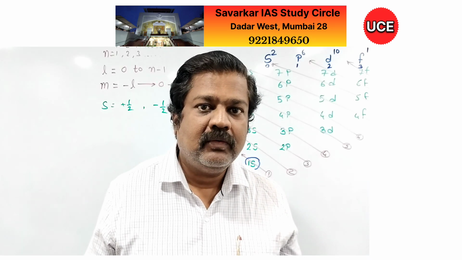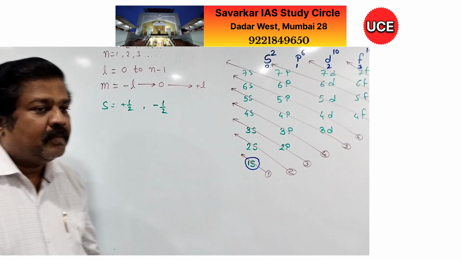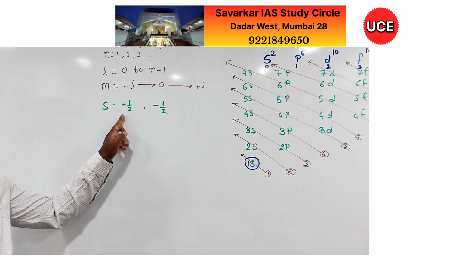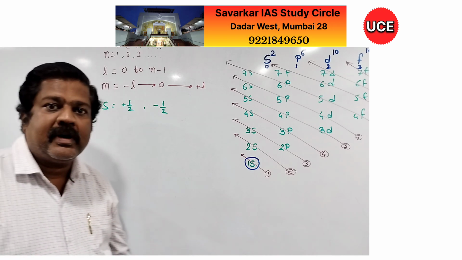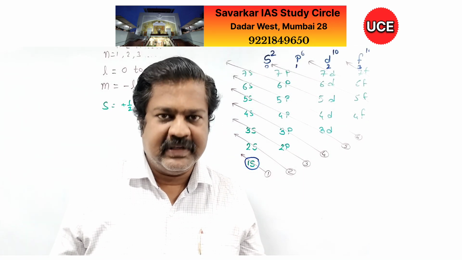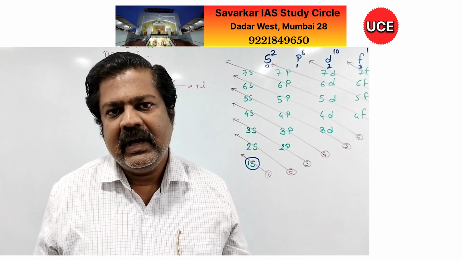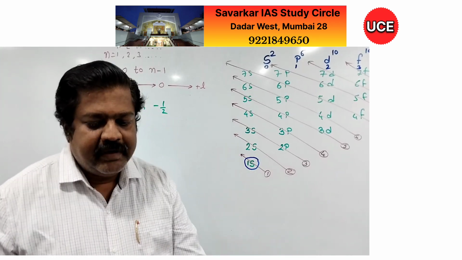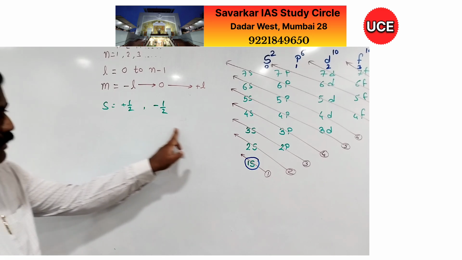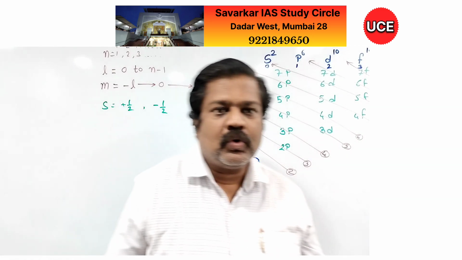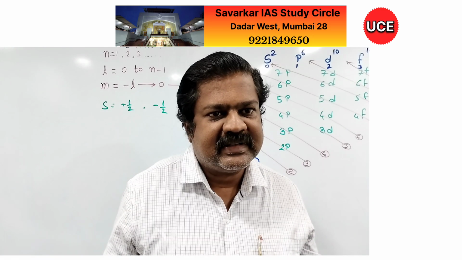The electron belongs to the category fermion, therefore the electron is denoted as plus half and minus half. Plus half means clockwise spin, minus half means anti-clockwise spin. So total 4 quantum numbers are there.